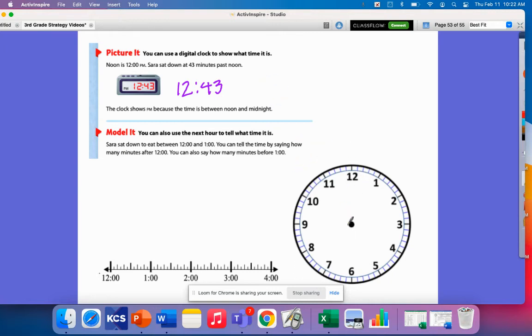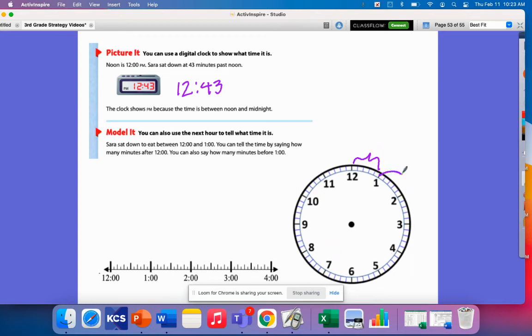If we wanted to represent 12:43, or 43 minutes past noon, I always work with my minute hand first because I think that's the very best strategy. Remember that if I start here at 12, I can count 5-minute sections, or I can count back. Sometimes it's easier to count forward by 5.